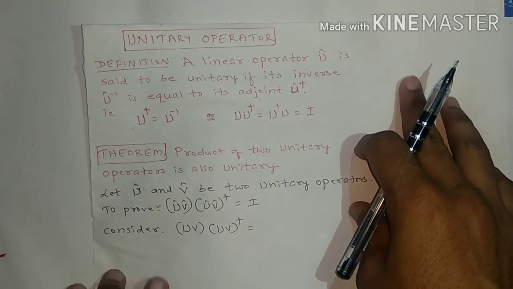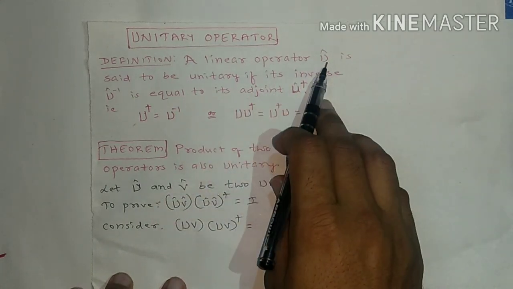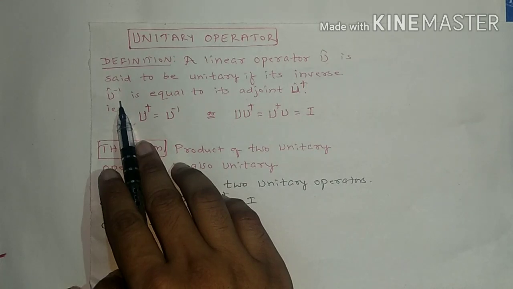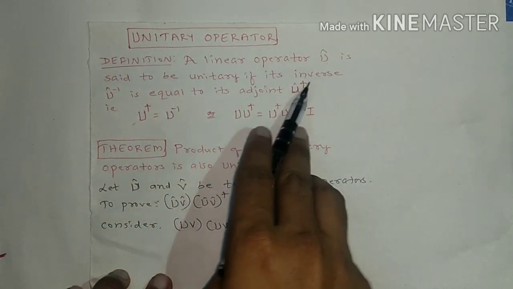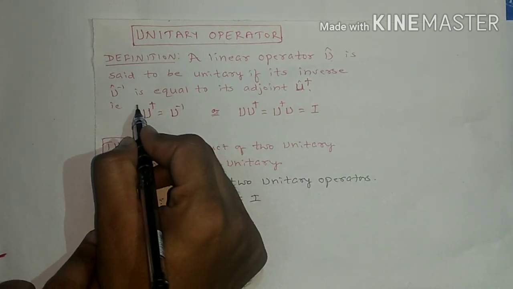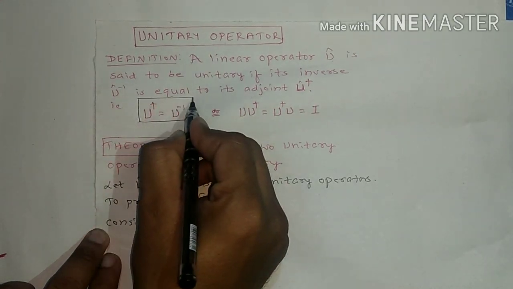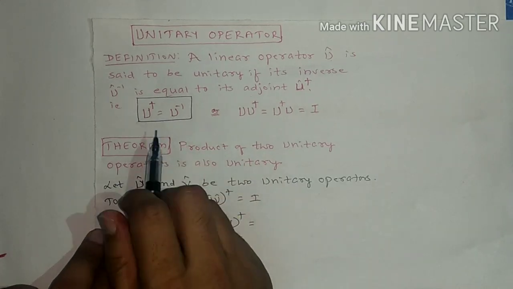The definition of a unitary operator is: a linear operator U is said to be unitary if its inverse, U inverse, is equal to its adjoint, U dagger. So if U dagger is equal to U inverse, then that operator is called a unitary operator.